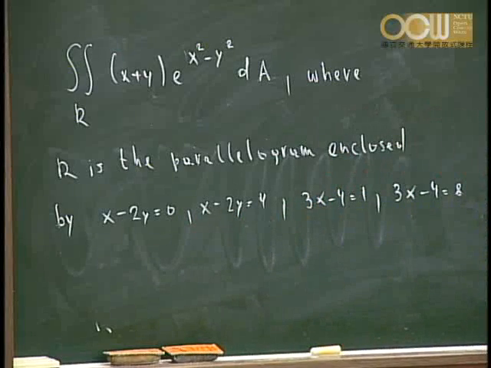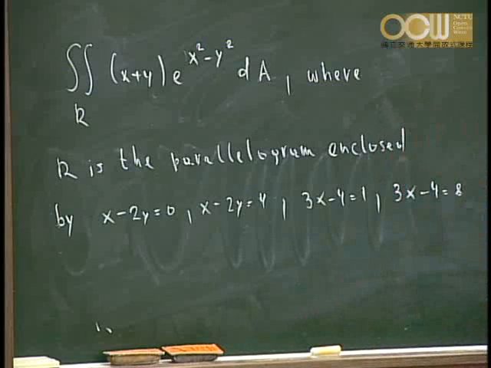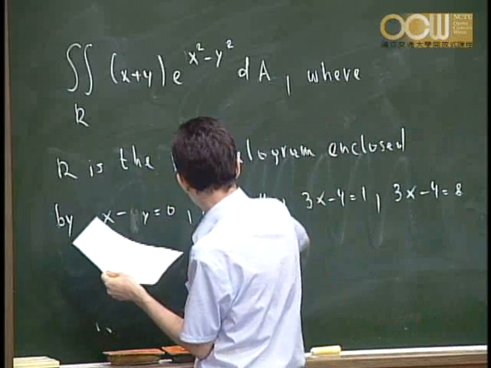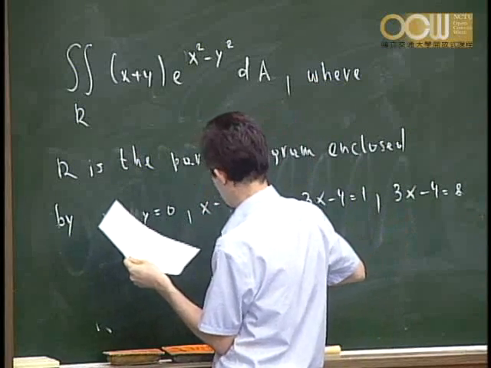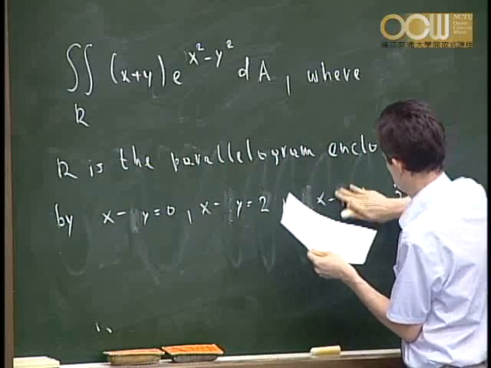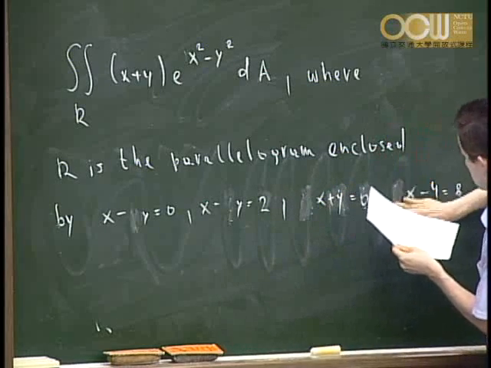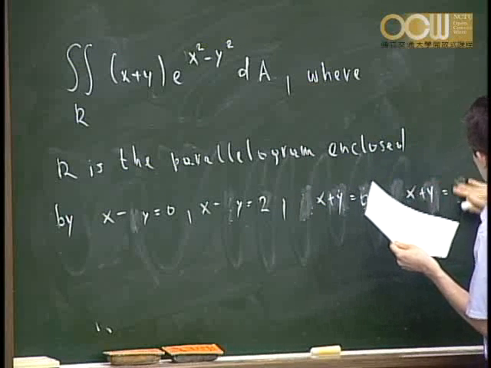The first thing, of course, would be plotting R, but wait a moment, this is the wrong one, because this would not work. Sorry, so this is 0, this is 2 here, this is 0, and this one, x plus y is equal to 3.